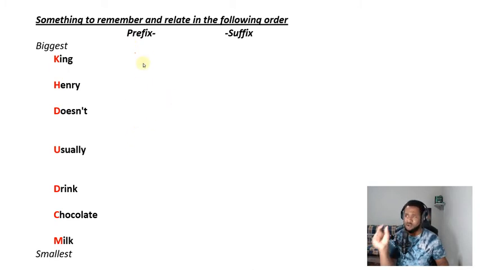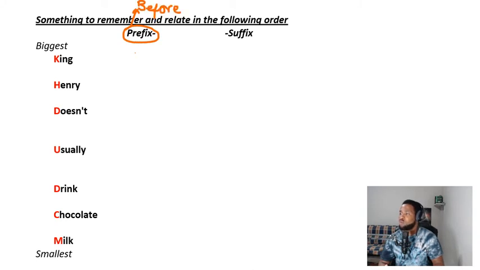So please remember the prefixes as I'm writing them down, and so should you while writing them in your notes. So here are the prefixes. But before we jump into prefixes, you're asking yourself a question: Mr. O, what are prefixes? Prefixes are considered to be words that come before, and the words that come after are called a suffix.